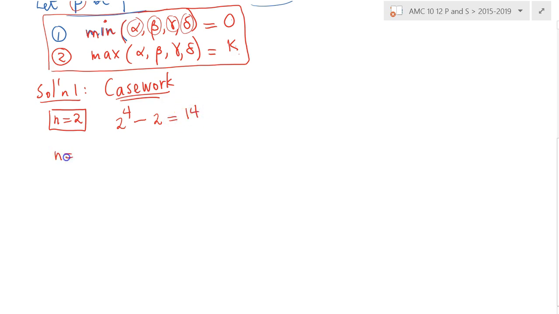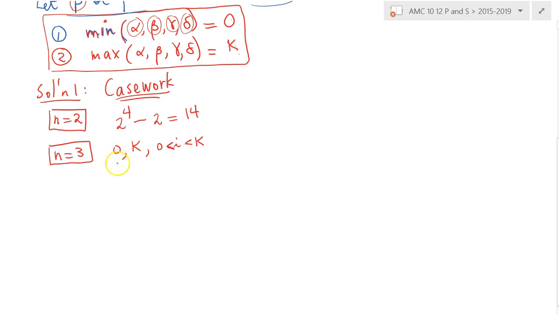Okay, or alpha, beta, gamma, and delta can take 3 different values. Say 0, they can take the value k, and then anything in between, so any i strictly between 0 and k. So how many in this case?